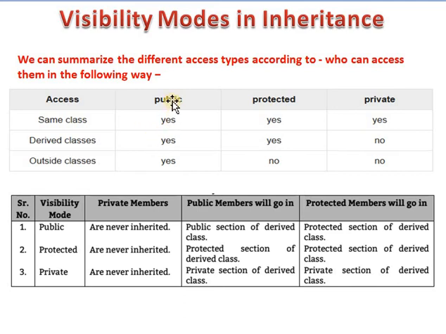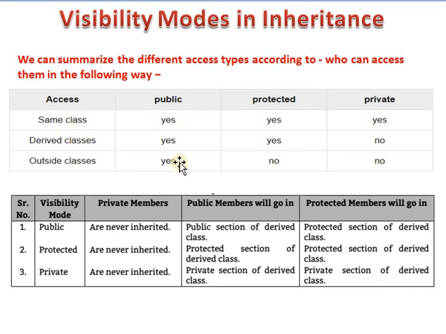That means, in short, the public members can be accessed in the same class. Protected members are also accessed within the same class. Private data members are also accessed within the same class. Next, public members are also accessed in the derived class. Protected members are also accessed in the derived class, but the private members of a class cannot be accessed directly in the derived class.